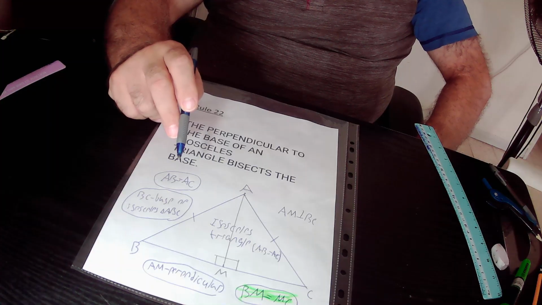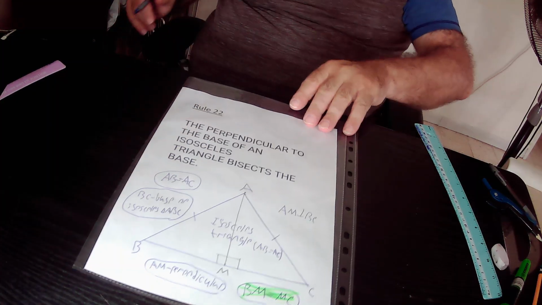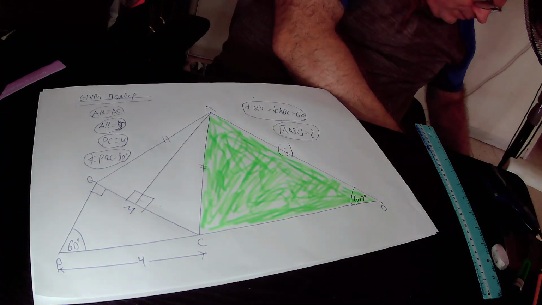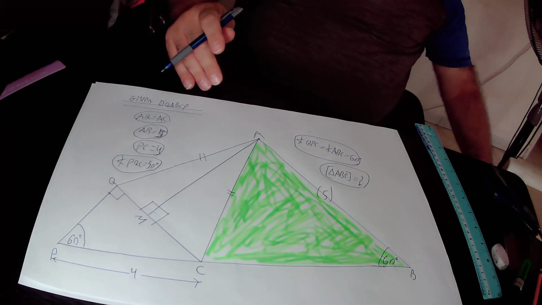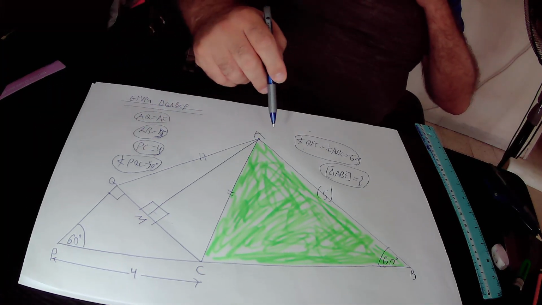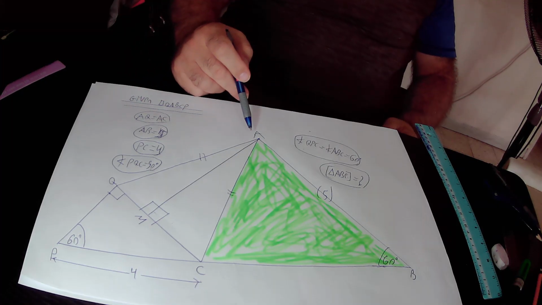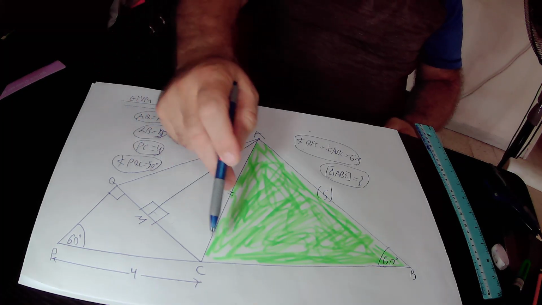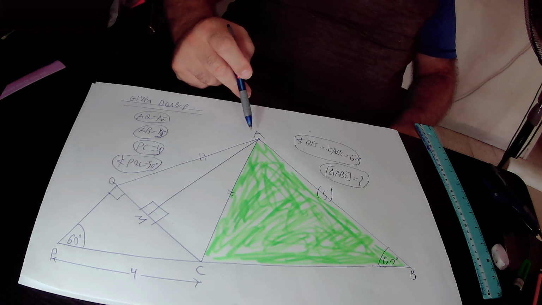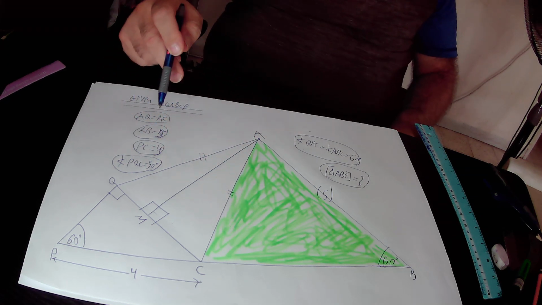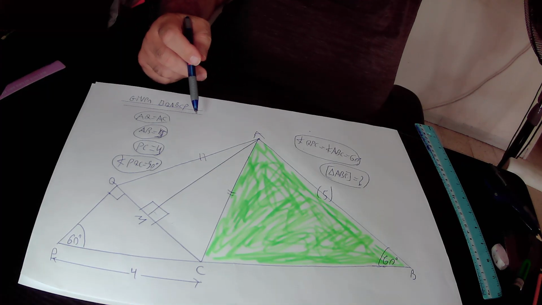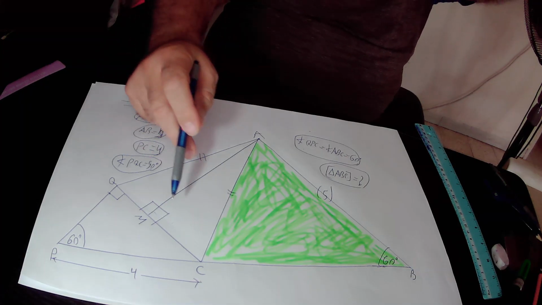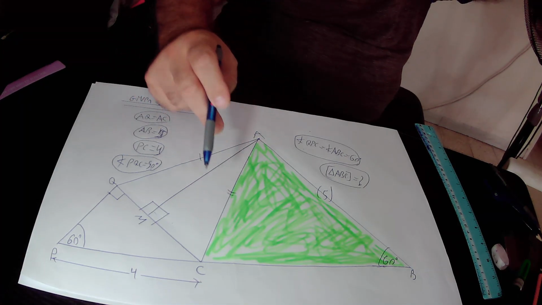So we can implement rule 22 in our drawing. Why? Because in our drawing we have the isosceles triangle QAC. From point A, we draw perpendicular AM to the base QC of the isosceles triangle QAC. And therefore, according to rule 22, the perpendicular AM bisects the base QC.